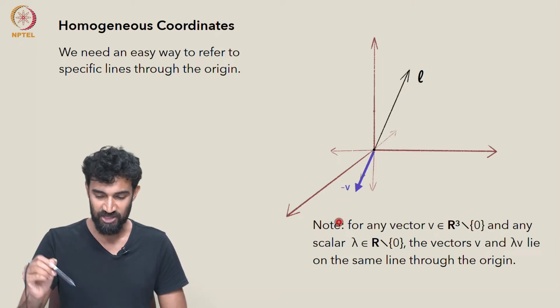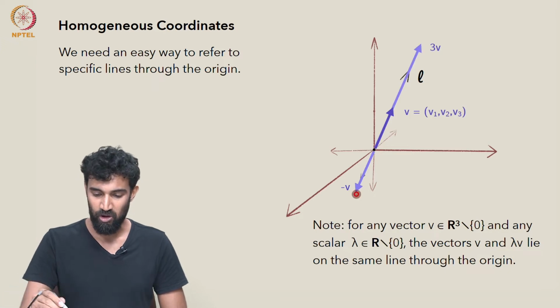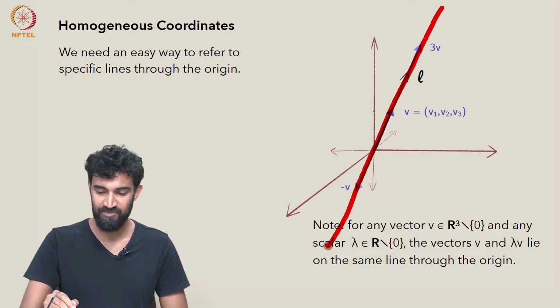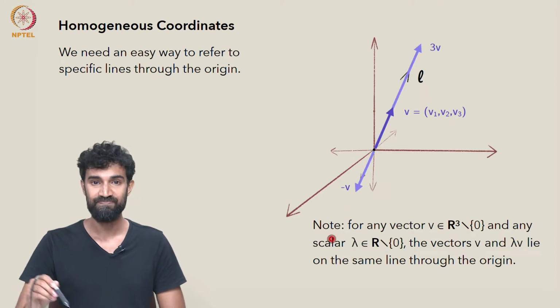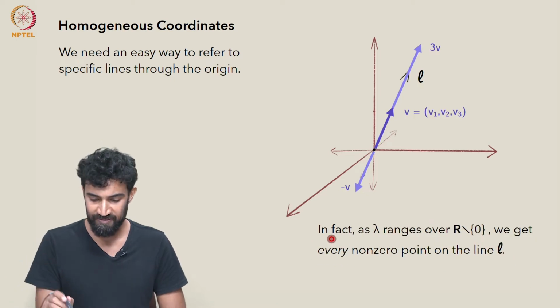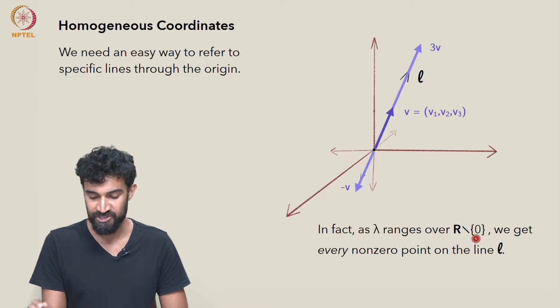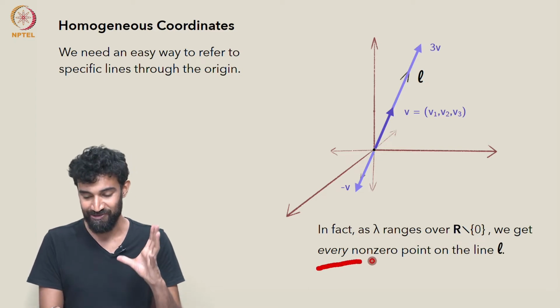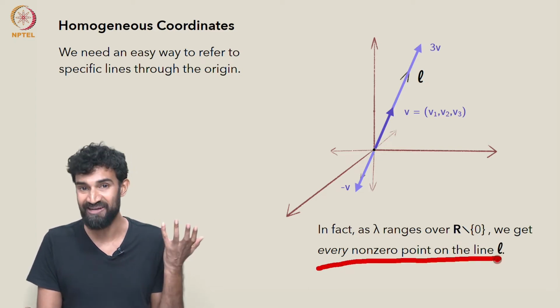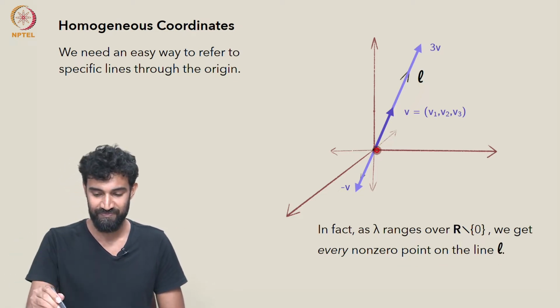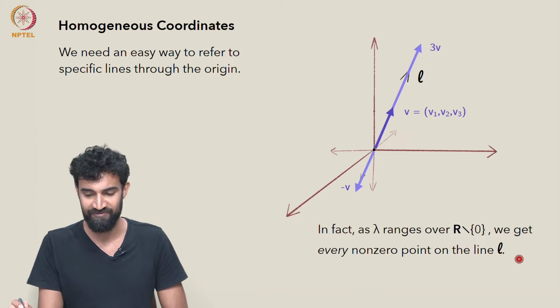That still lies on L. So all these scalar multiples of v will lie on the same line L through the origin. And in fact, as lambda ranges over the non-zero real numbers, we actually get every single non-zero point on the line L as different scalar multiples of v. And that's not too hard to convince yourself of.